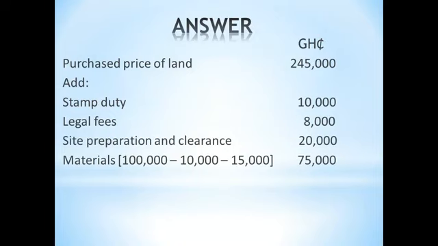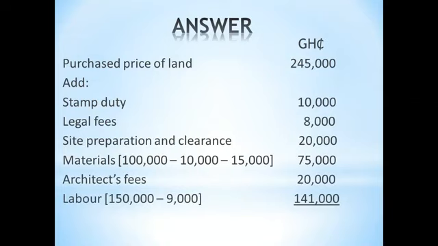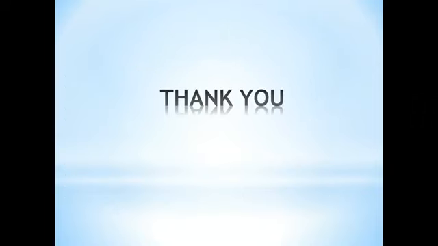We less them from the 100,000, and we get 75,000. We bring the architecture fees, which was 20,000. Now labor: some part of labor was idle, so we need to subtract the 9,000 from the 150,000. Then we have 141,000. Afterwards, we sum all of them up, and we get 519,000. And this becomes our cost of the building.